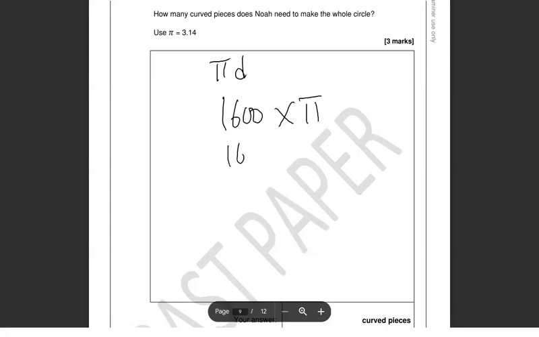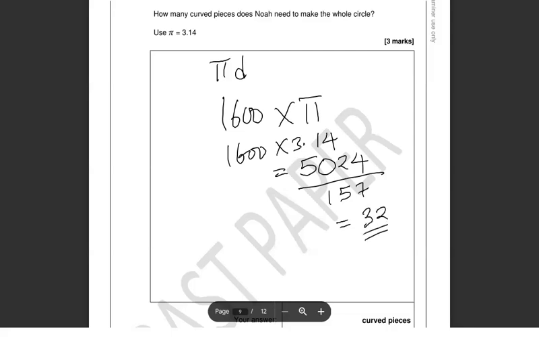That gives you 1,600 times 3.14, which gives you 5,024. That's the perimeter. Now divide that by 157. That gives you 32.